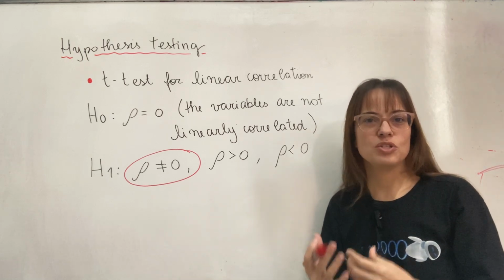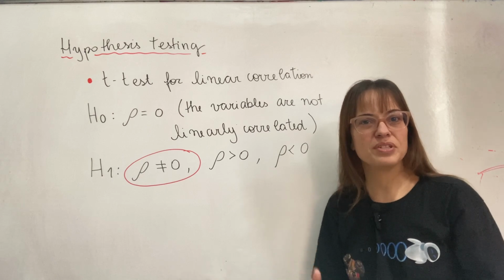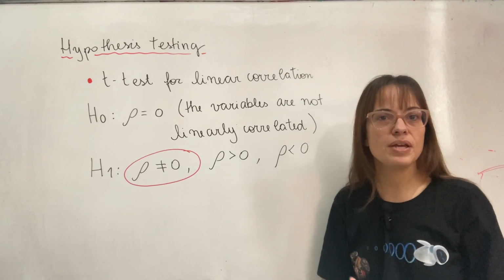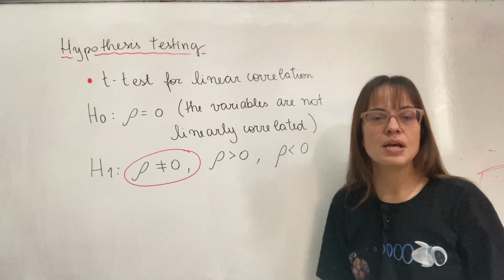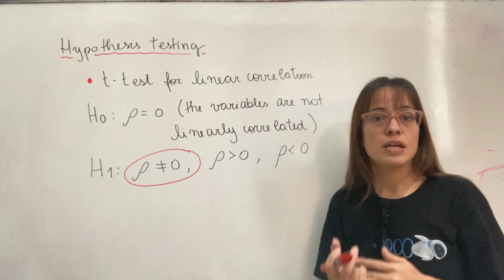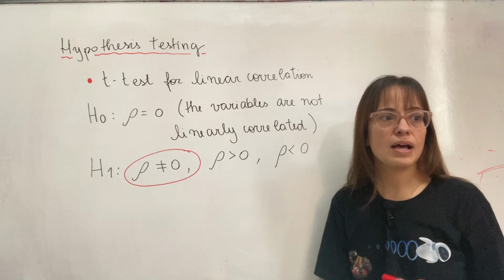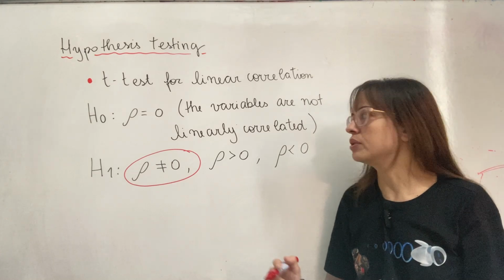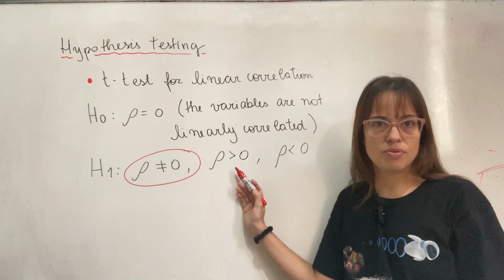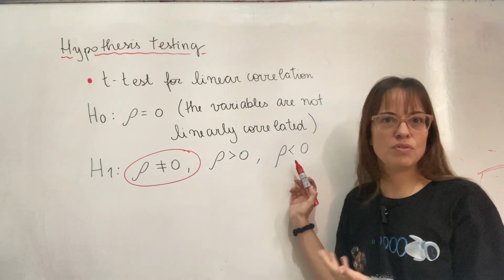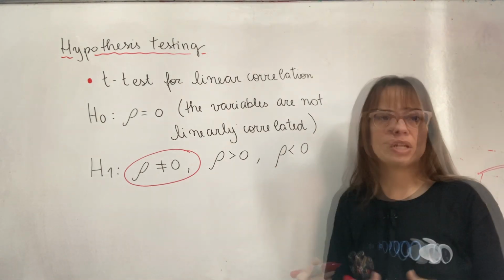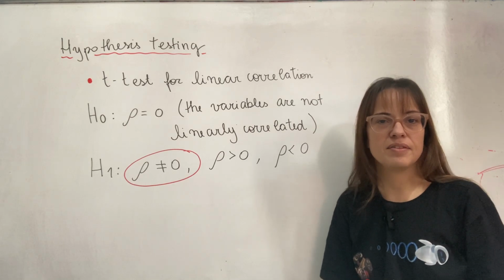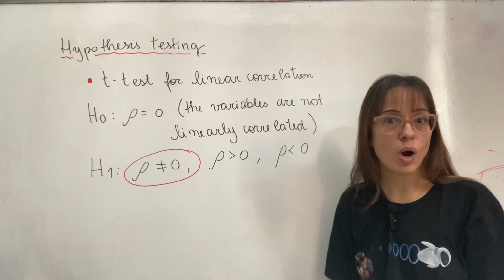I am not interested in one variable influencing the other in a particular way because they are just random numbers. But in your context, if you suspect that one variable might have a positive influence on the other one, then you could choose this, for example, or this one if you suspect a negative influence. That's all depending on context, and then you explain what you're doing and why.